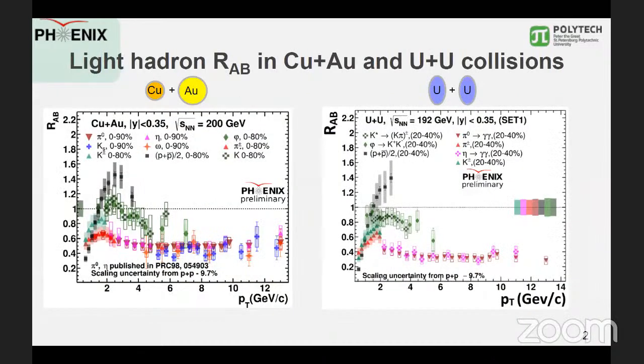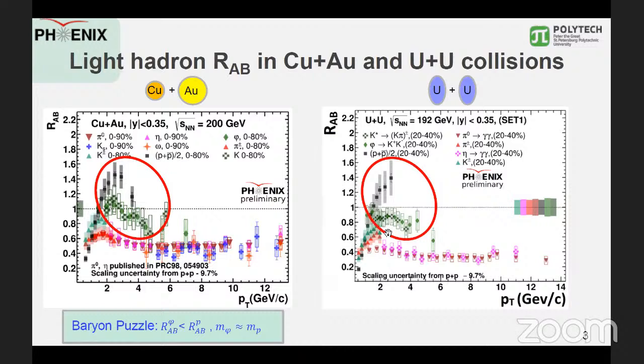This slide shows different light hadron nuclear modification factors measured in copper-gold collisions, left picture, and uranium-uranium collisions on the right side of the slide. Here several patterns can be seen. The first pattern is enhancement of proton R_AB values over meson R_AB values.